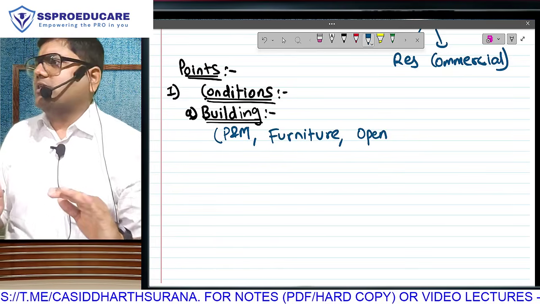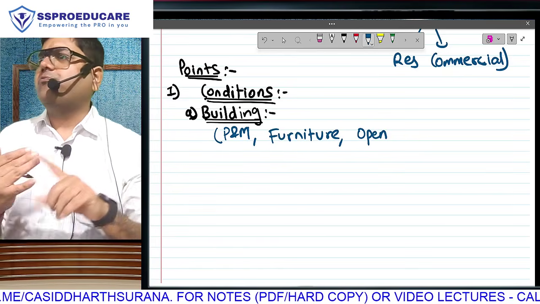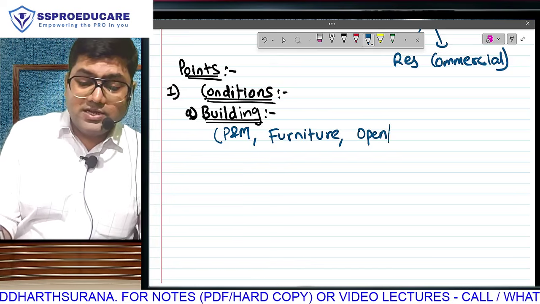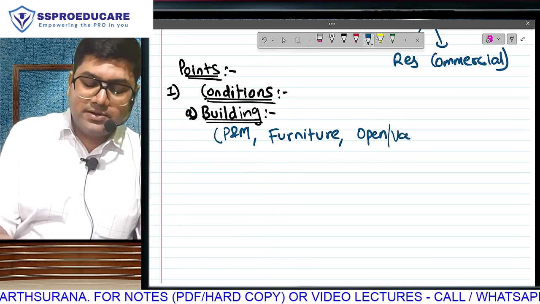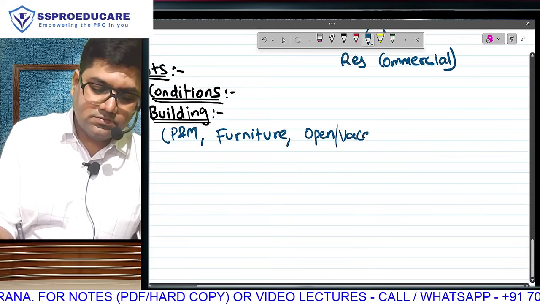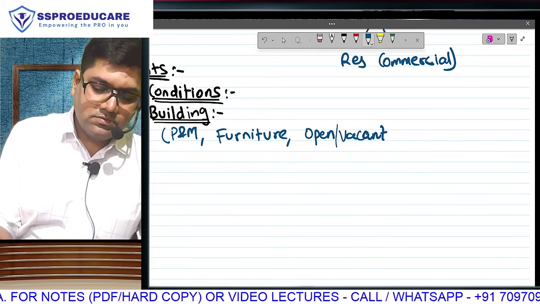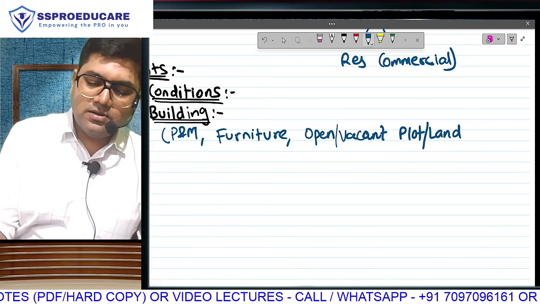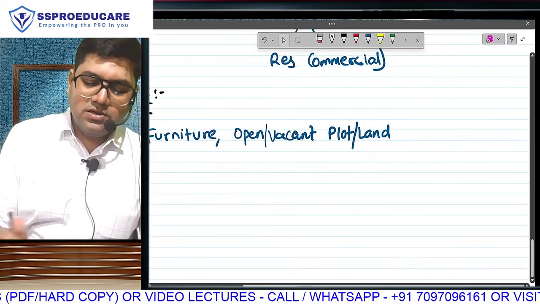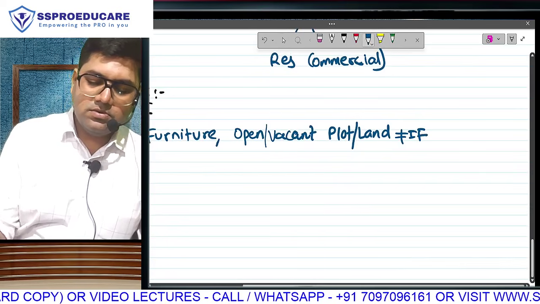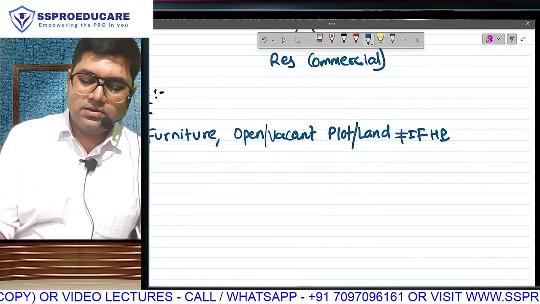You have the common sense to understand that since it says house property, plant and machinery and furniture can't come here. But when they say property, if there is any open or vacant plot, only land given on rent, all this will not be considered as income from house property.